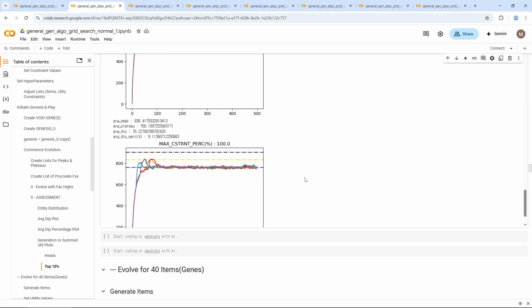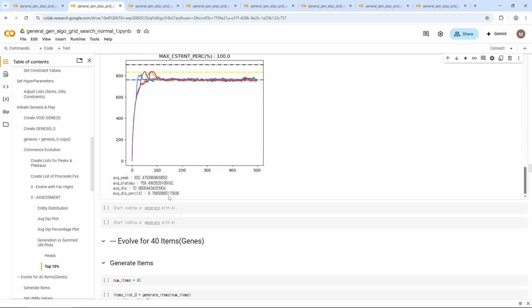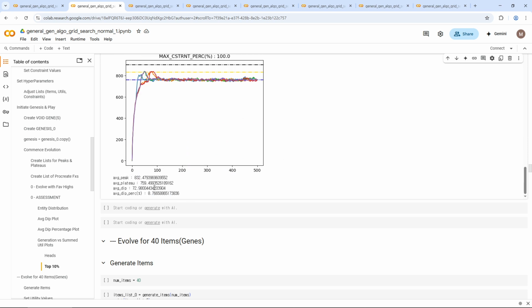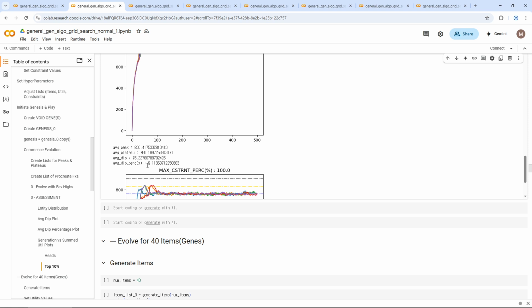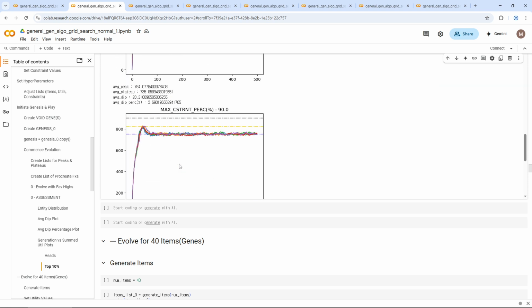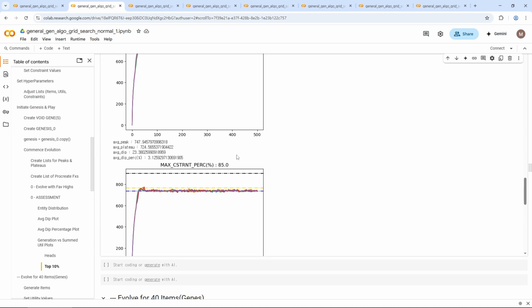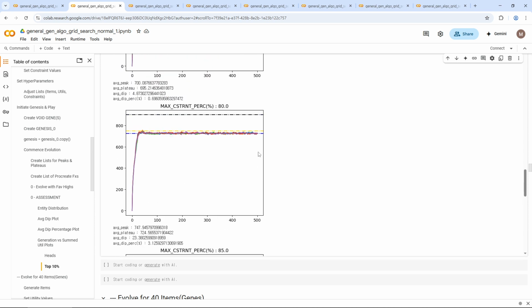So, as you can see, the average dip percentage goes all the way up to 9.11%, so around 9%, but that's because they peaked. However, one thing to note is that we're still dealing with 10 items.